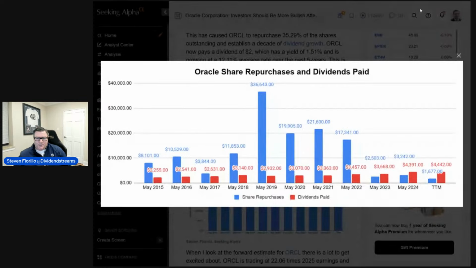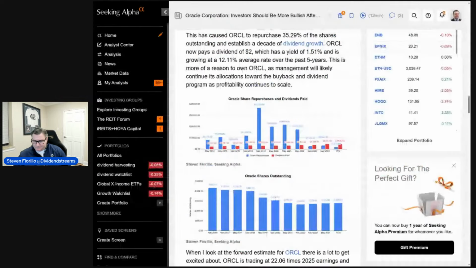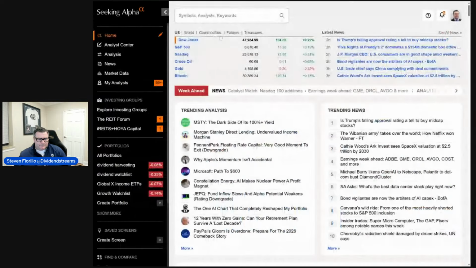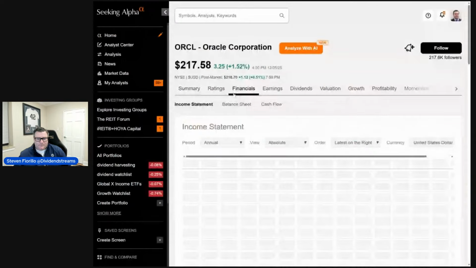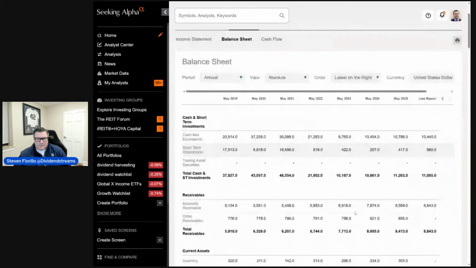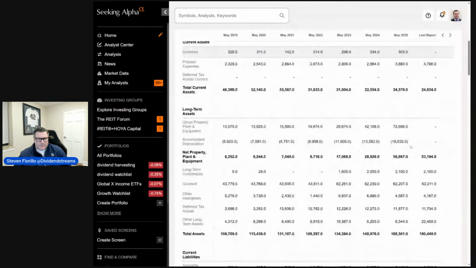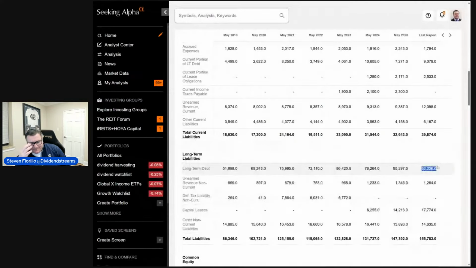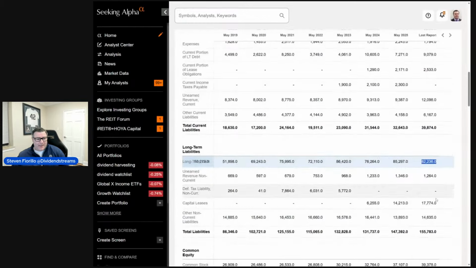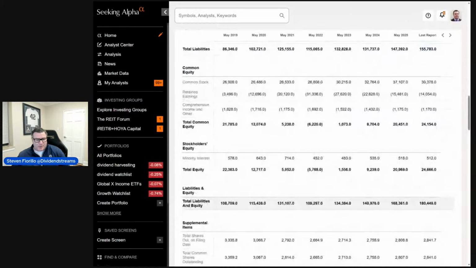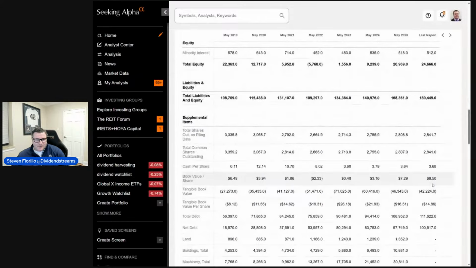Now, here's the problem. $11 billion on the balance sheet in cash, $82 billion in debt. And I don't think that includes the most recent bond offering that they did. I think that happened this quarter, and the numbers will change next week. That's not good.